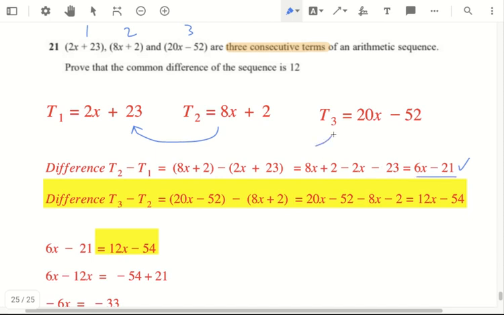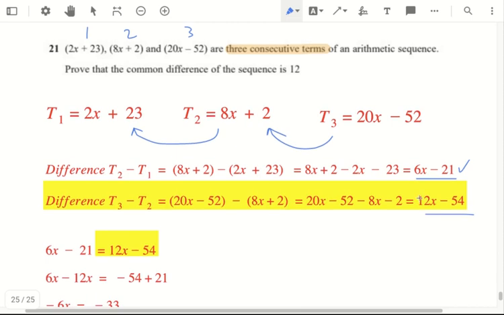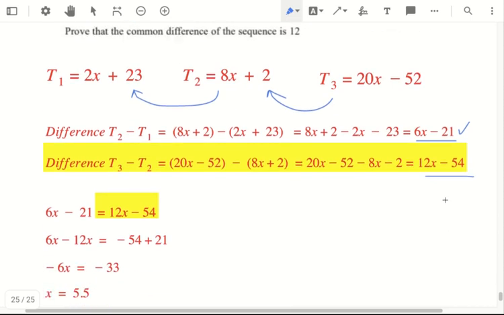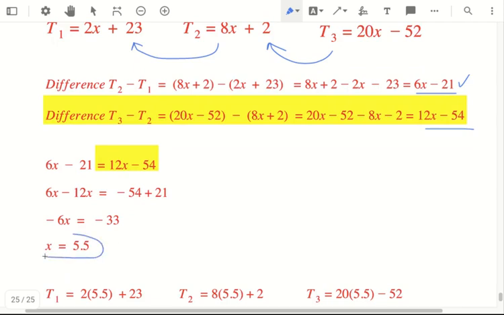And this one, bigger term minus the smaller term, I get 12x minus 54. So assuming that these two have common difference, right? They have the same common difference. These two differences are the same. So we put 6x minus 21 equals to 12x minus 54. Then we find x.